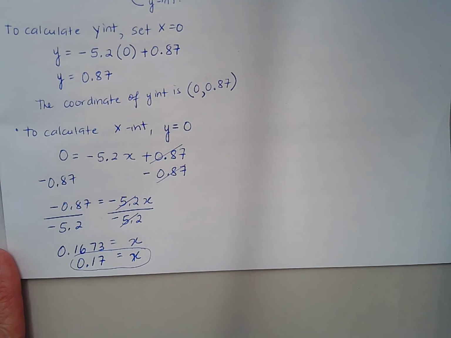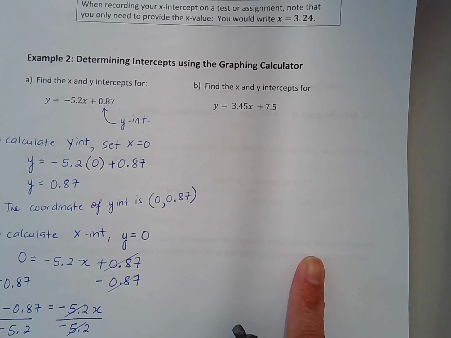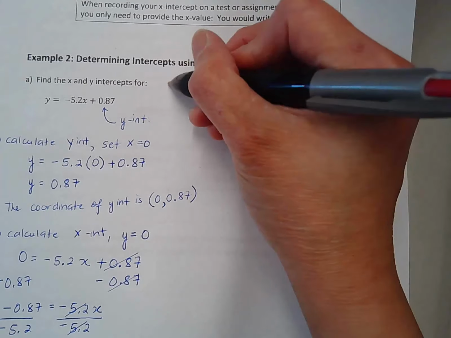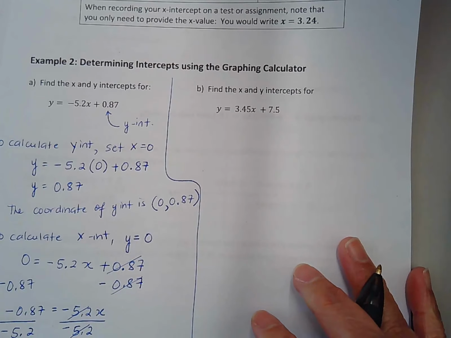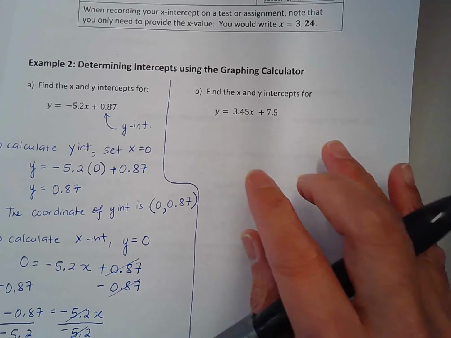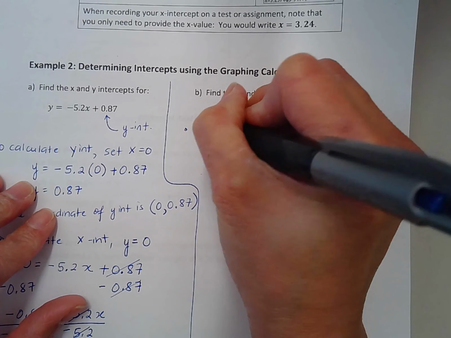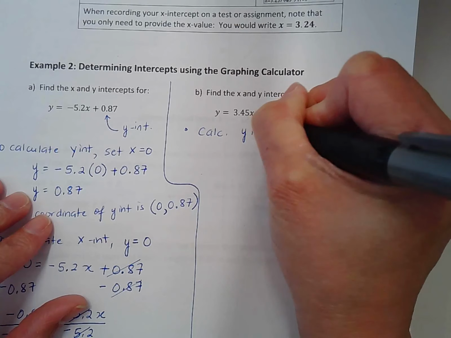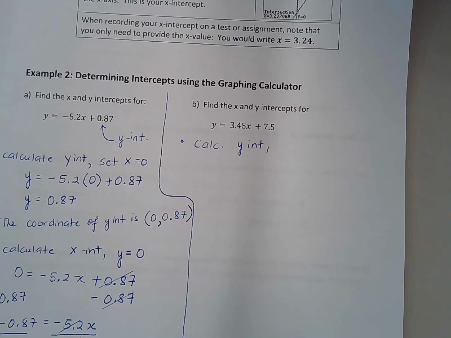At the y-intercept, x is going to be 0. x must always be 0 for the y-intercept. So at the y-intercept, x is going to be 0.